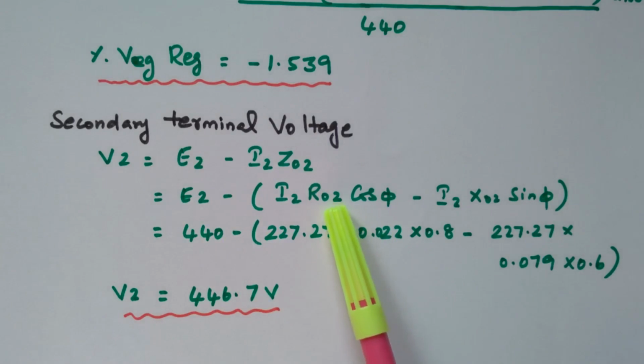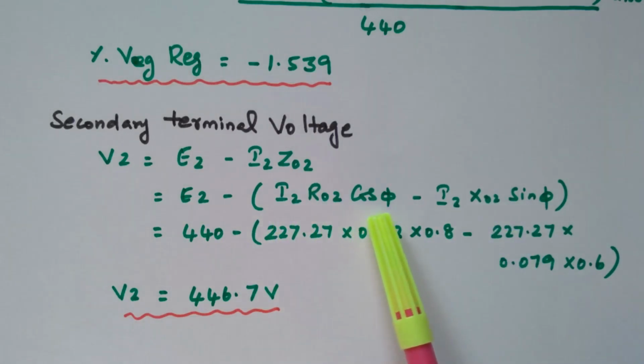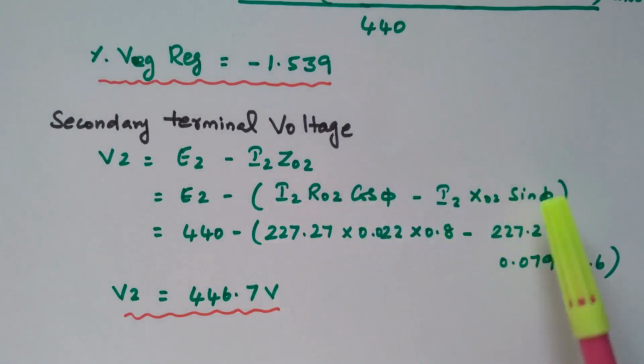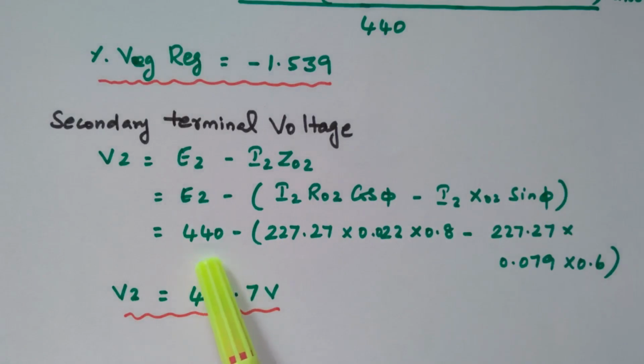The impedance we can express in terms of resistance and reactance: I2 R02 cos phi minus I2 X02 sin phi. These values are available. So E2 is 440 minus 227.27 into 0.022 into 0.8, and 227.27 into 0.079 X02 and sin phi is 0.6.